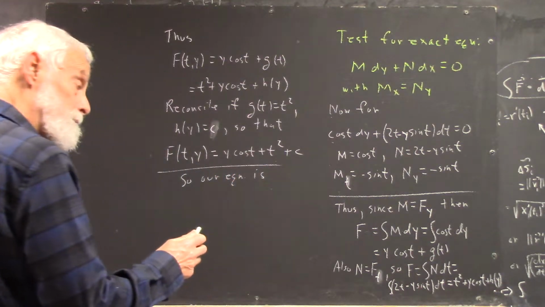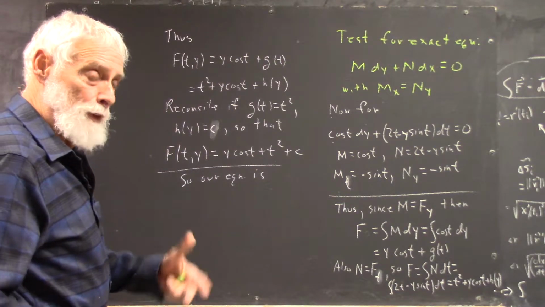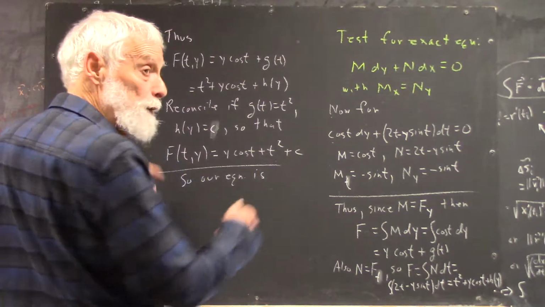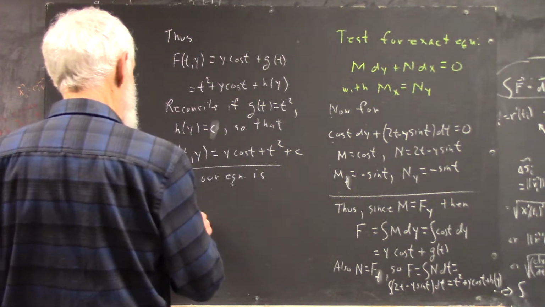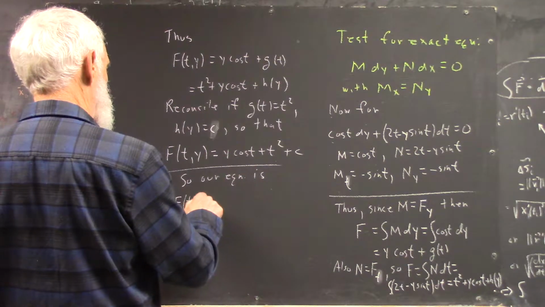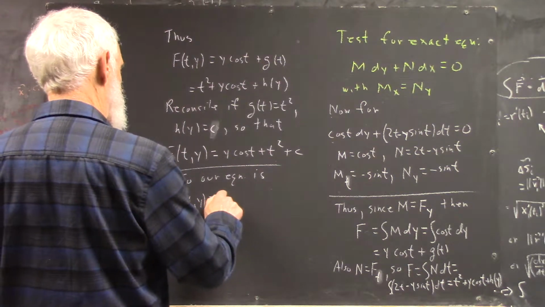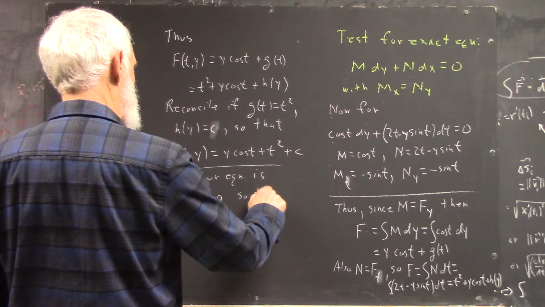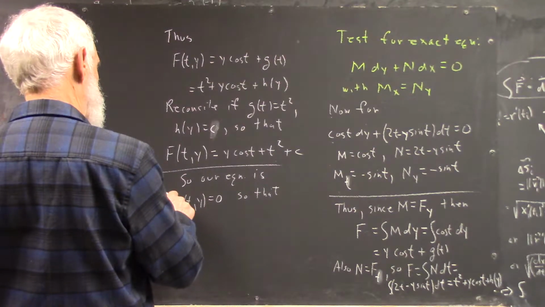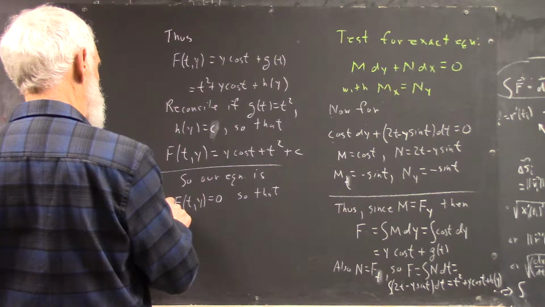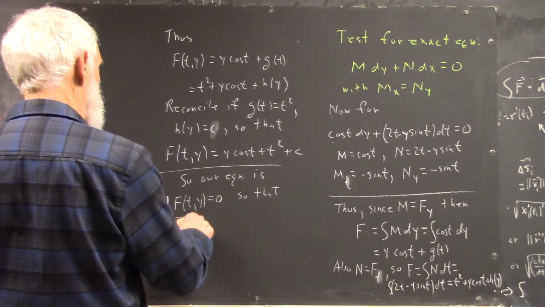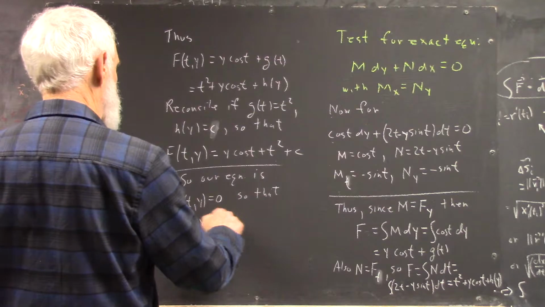So our differential equation, that we pretended not to know when we started, but that we got from setting df equal to 0, is the differential of this so that f of t, y equals c.